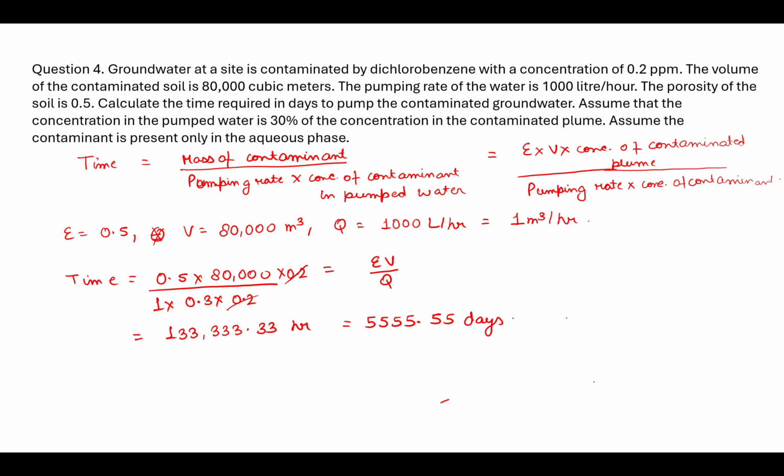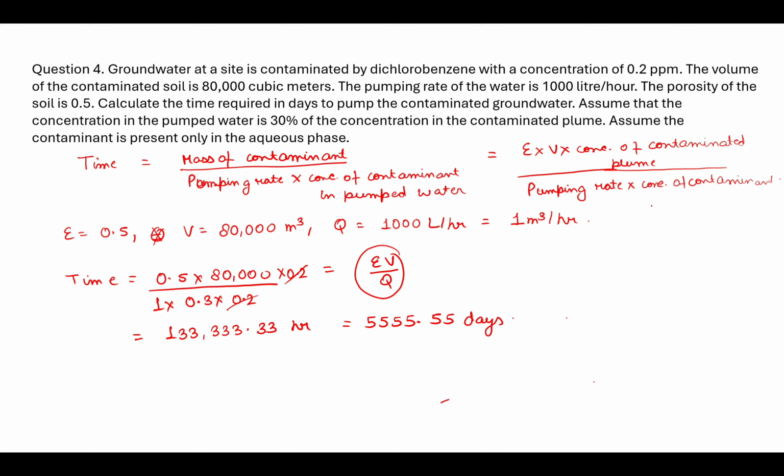So we are given the volume of the contaminated soil, then the concentration of the dichlorobenzene, the pumping rate, and the porosity. So we have to calculate how much time will be required to pump this water. We know that the time required is given by this formula, and this formula is dependent on the concentration of contaminated plume.